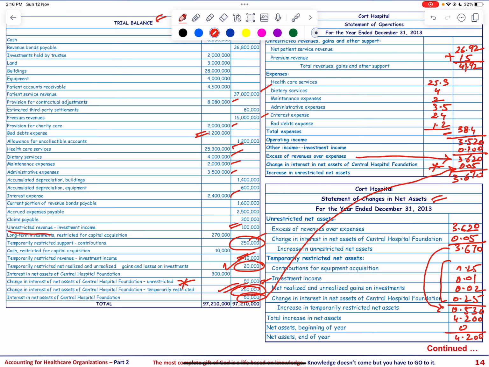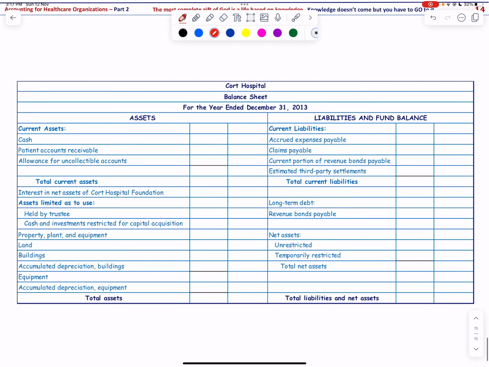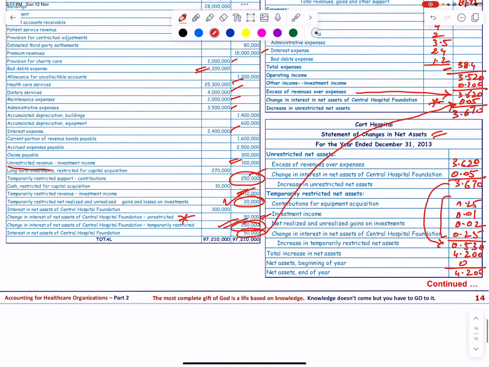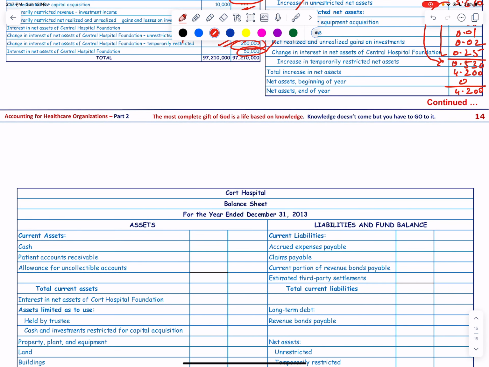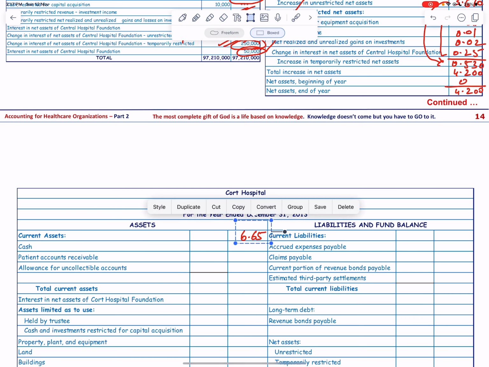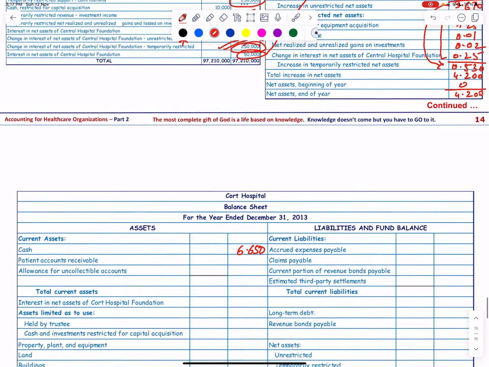Finally, we are going to prepare the balance sheet, and we can see we have to seek some information from the trial balance, and you can see that the cash is 6,650,000. And then we have the patient account receivable, that is 4,500,000.